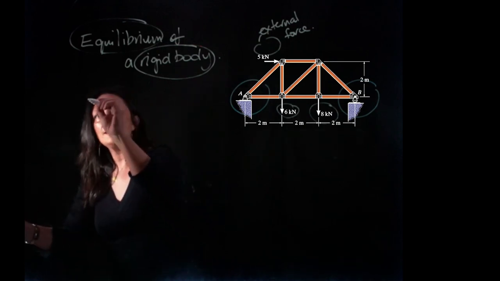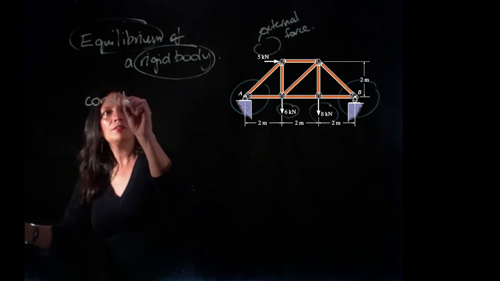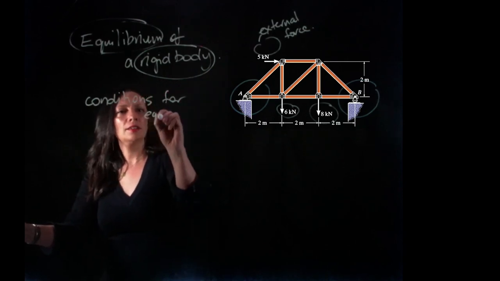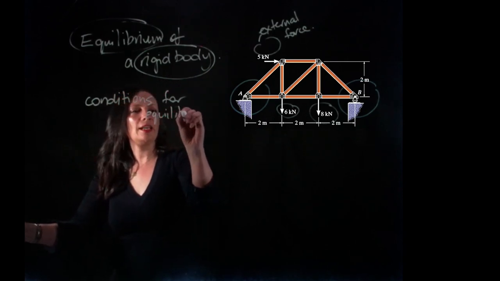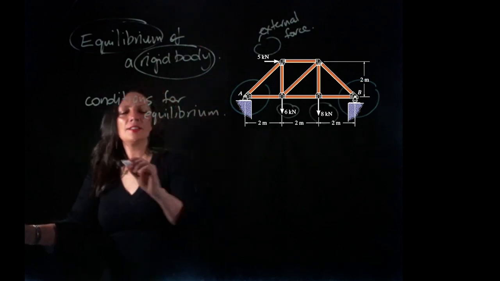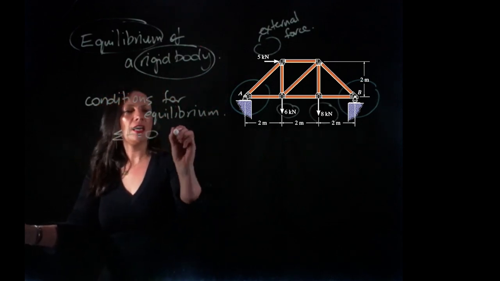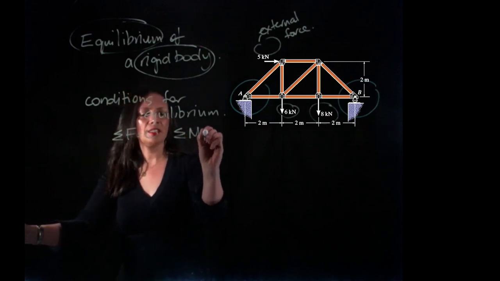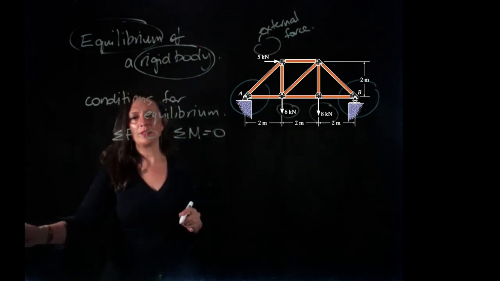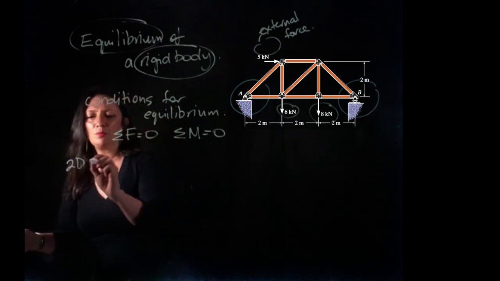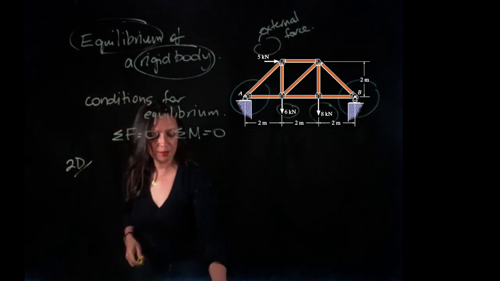So for our conditions for equilibrium, we can say that the sum of the forces equals 0 and the sum of the moments has to equal 0. In this class we're going to look at only 2D systems.